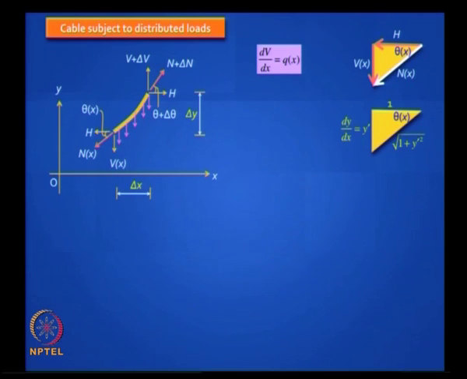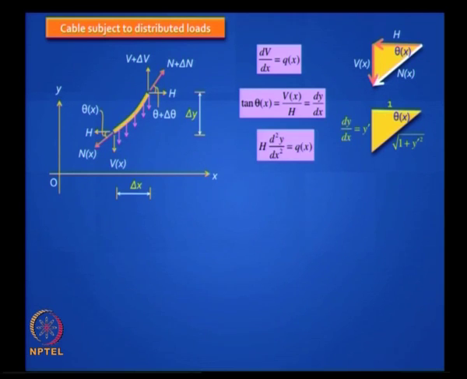If you take the slope of the cable as y dash, then you have a direct relationship between theta and the cable forces. Tan theta is V by H. V can change depending on the location of x, but H is a constant if you have only gravity loads, and that is equal to dy by dx. And so if you substitute this value in the first equation, you get another equation where y of x comes into play.